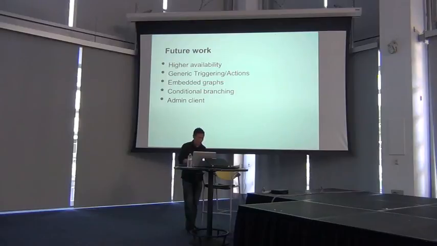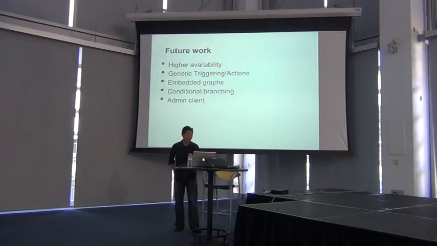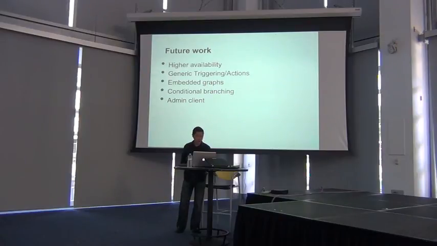So some future work that's going to happen. We are looking at higher availability. Want to make sure we're not called at night when things go to hell. We want a generic triggering system, not just for time, but also perhaps HTTP hosting or even data triggers. We want to be able to embed graphs inside of other graphs, and we're going to soon have conditional branching.